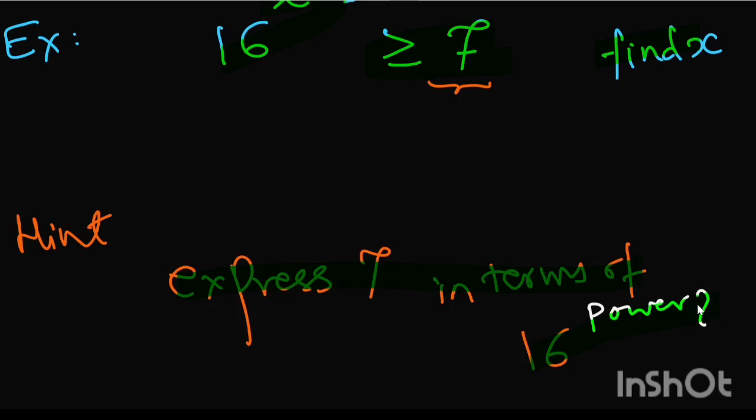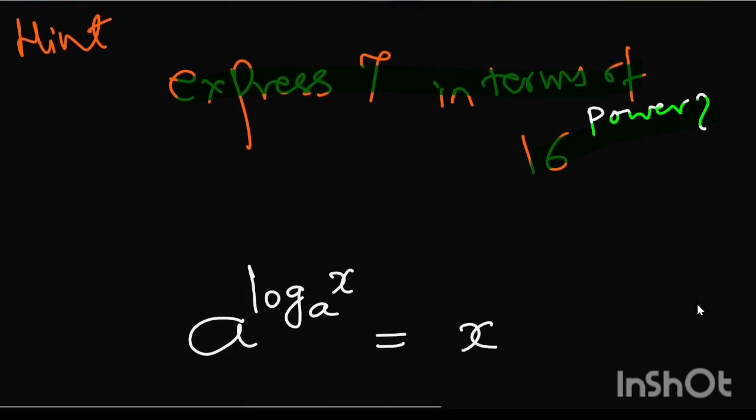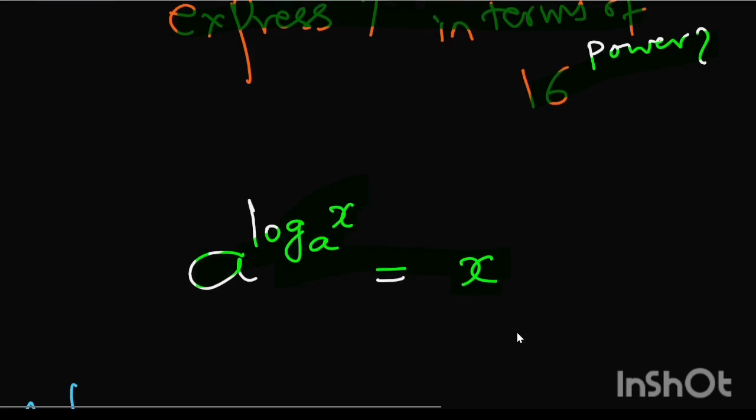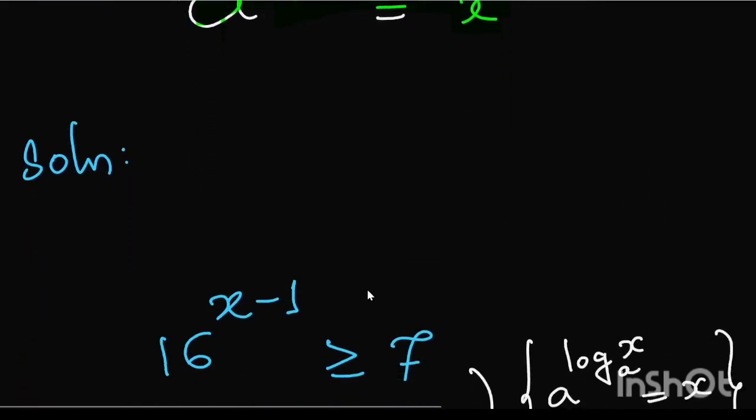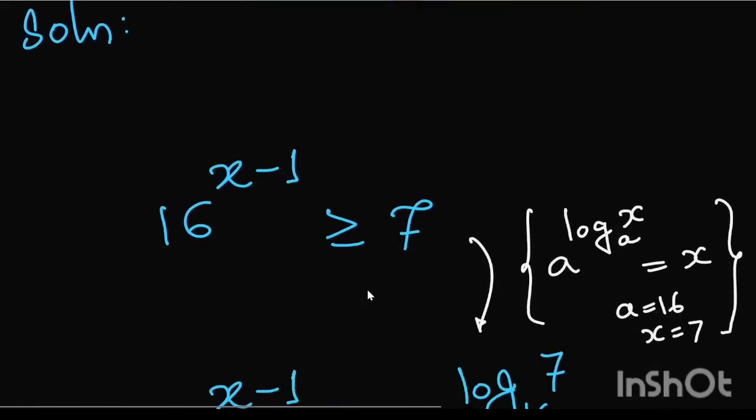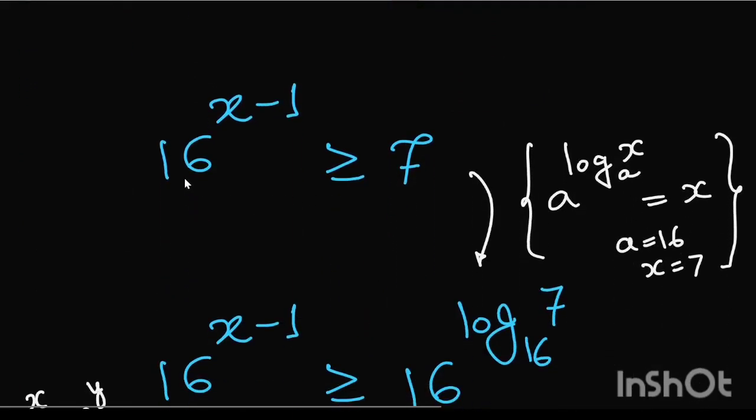If you think closely, which rule can be used to express 7 in terms of a power of 16? That rule is this, guys: a to the power log x base a equals x. So you can take a as 16 here. Using the same rule in this question, 7 is expressed as 16 to the power log 7 base 16.